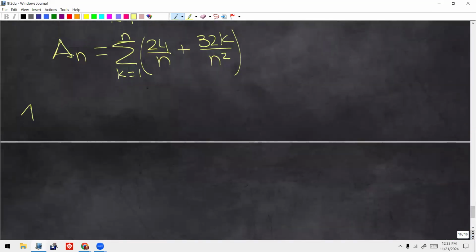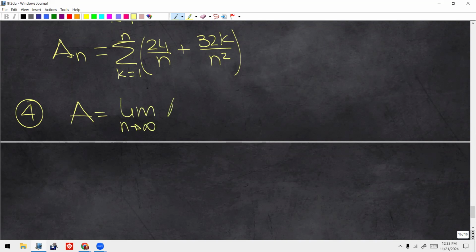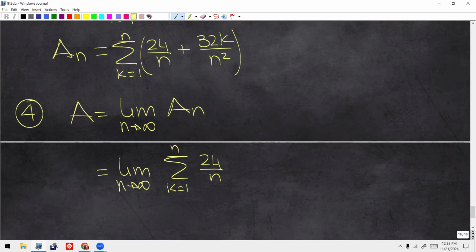So step 4, to find the actual area, we're going to take the limit as n goes to infinity of this guy, because we're going to imagine we have n of them, right? So let's replace that: limit as n goes to infinity of the summation k is equal to 1 to n of 24 over n plus 32k over n squared.